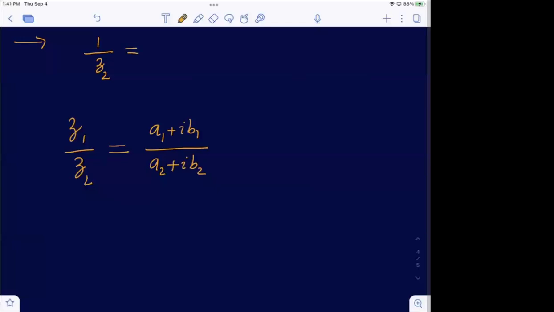So 1 over z2, if I consider that number, it's none other than 1 over a2 plus i b2. Now, if I need to put a complex number in the denominator, there is a very easy way of simplifying the complexness.